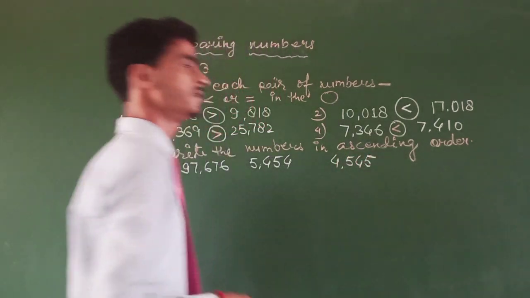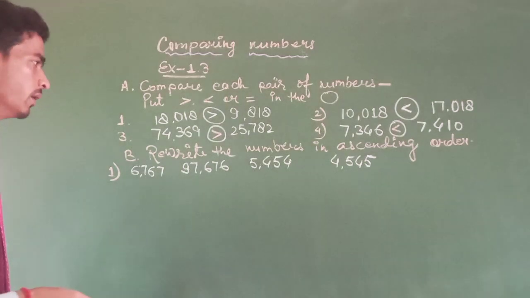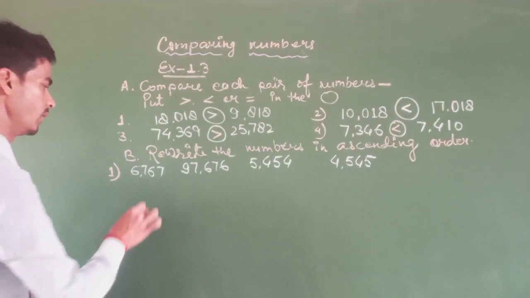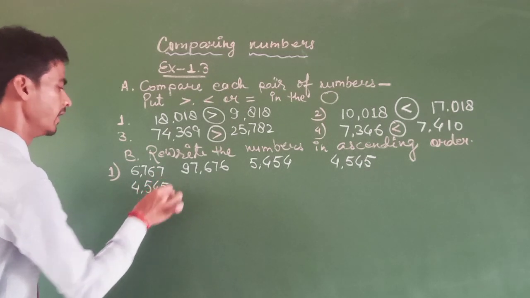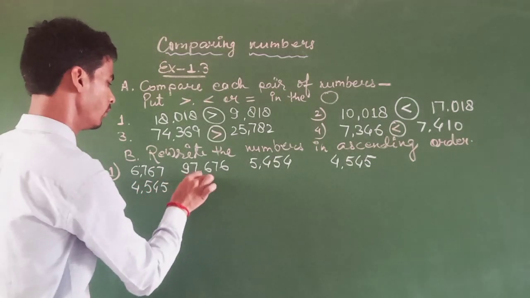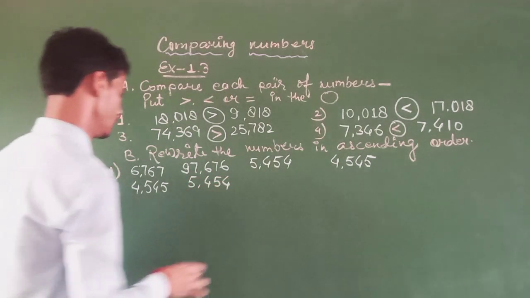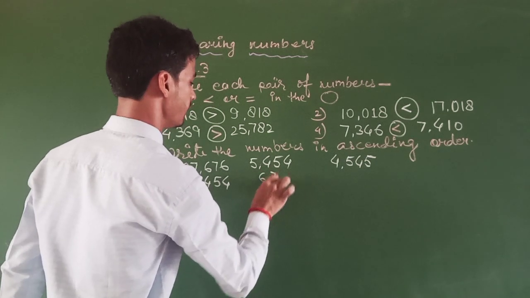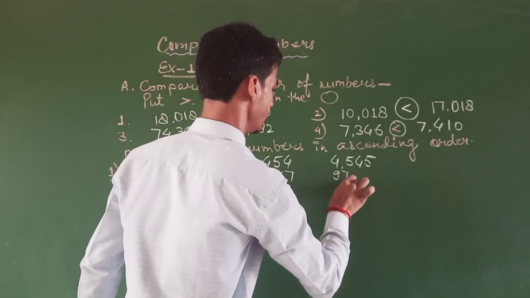Firstly, we have to arrange from smallest to greatest. Which one is the smallest? We know that 4,545 is the smallest, and after that 5,454, then 6,767, and then 97,676.